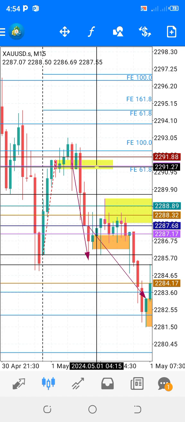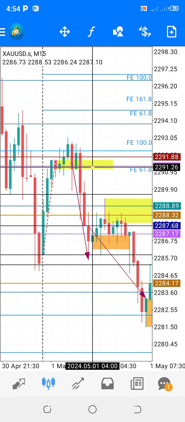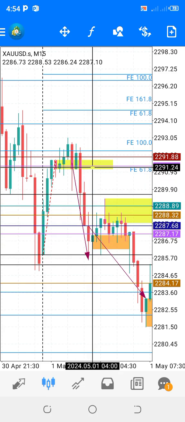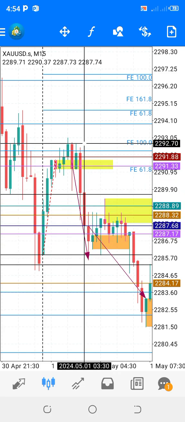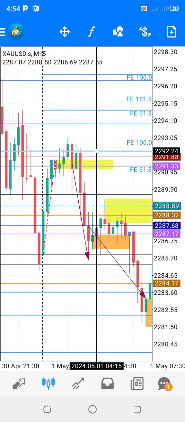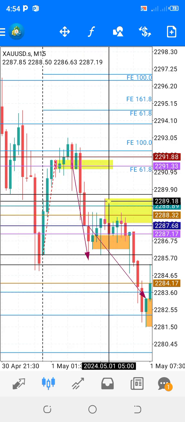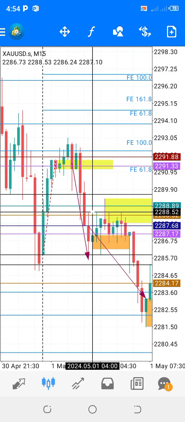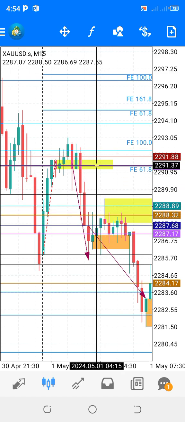So let's see. That would be your buy entry. And you can see that the market did not come back into that. So it means that the upward direction here is disqualified. Upward direction here is what? Disqualified. So that having been said, what's the next thing to look at?